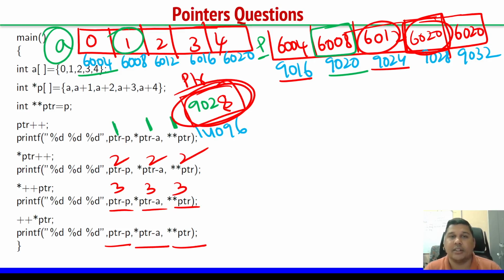Please calculate, take pen and paper, try to solve it and tell the answers. Please respond.